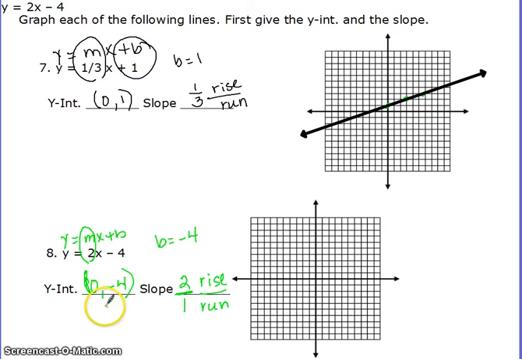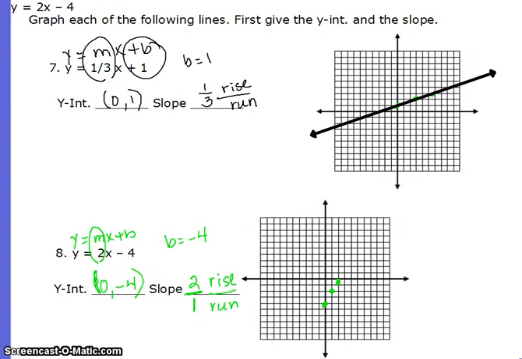So we start out at our point, 0, negative 4. We rise 2 and run 1. Rise 2, run 1. We had a positive slope. My line is going in a positive direction, so that's good.